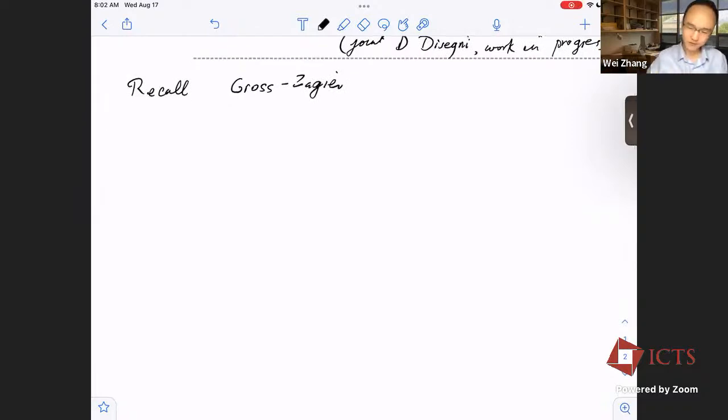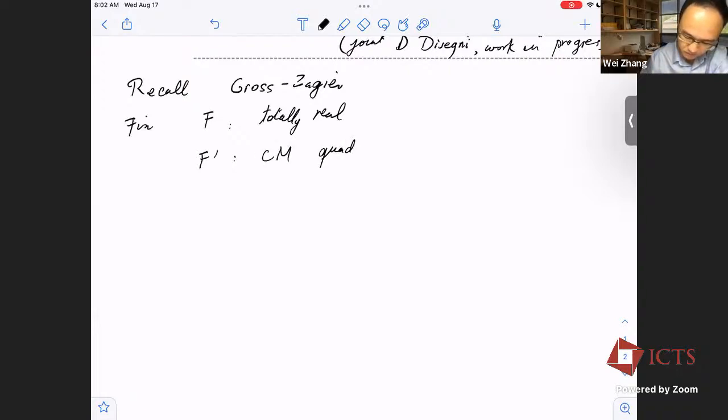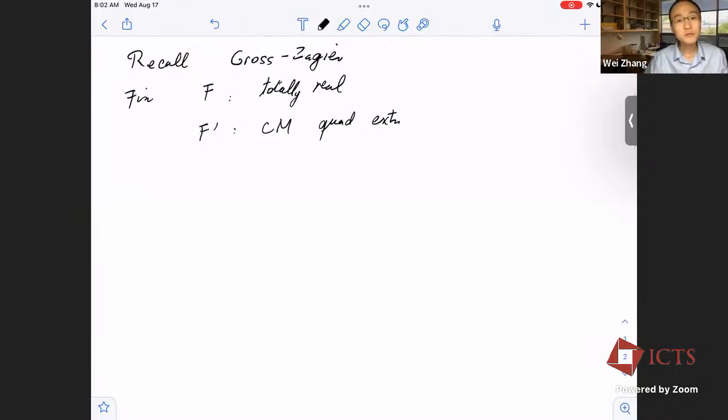For this talk, we will fix F, a totally real field, and F prime, a quadratic extension, a CM extension. So those will be fixed.